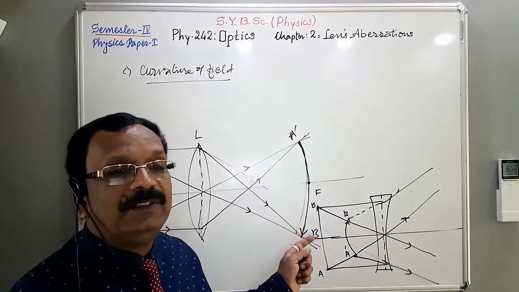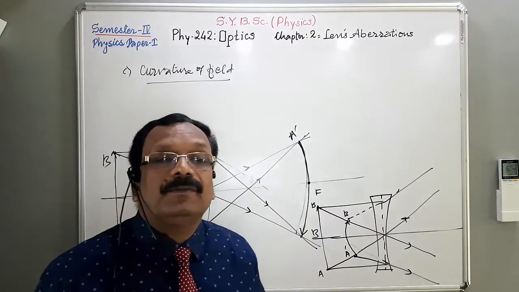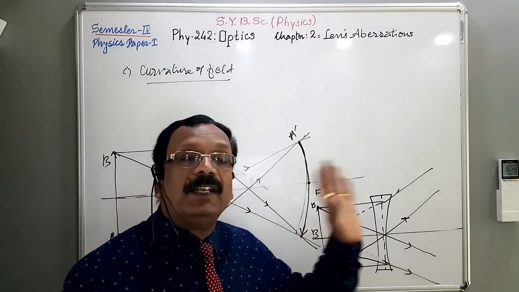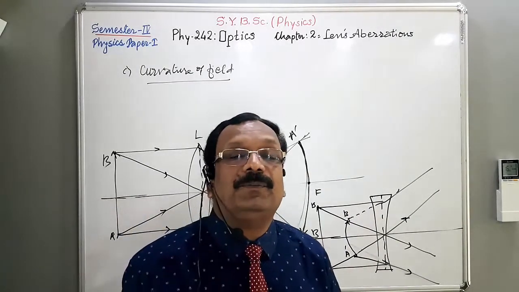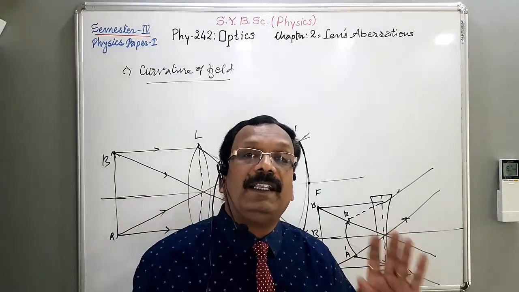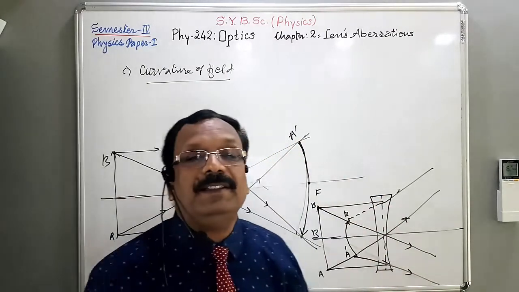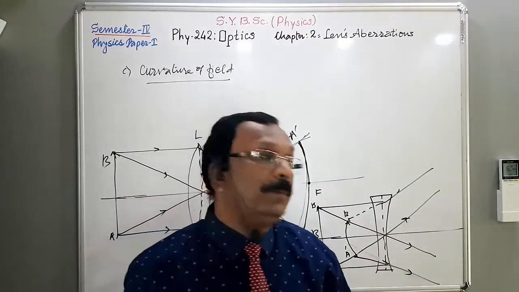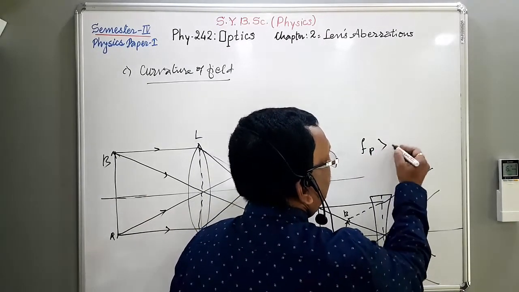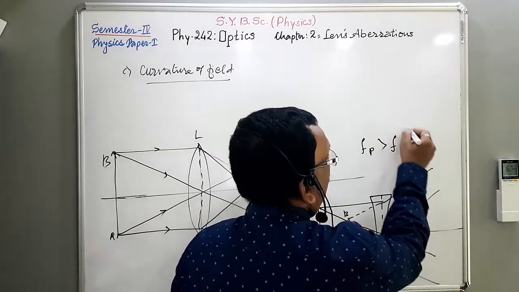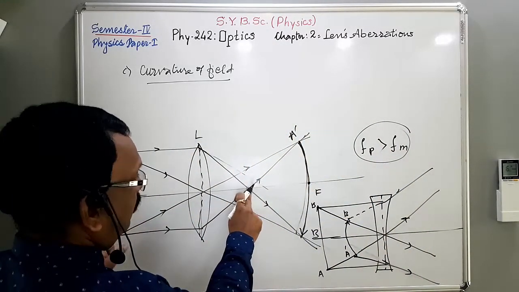Why does this image have curvature? We know that in both convex and concave lenses, the focal length of paraxial rays is always greater than the focal length of marginal rays.